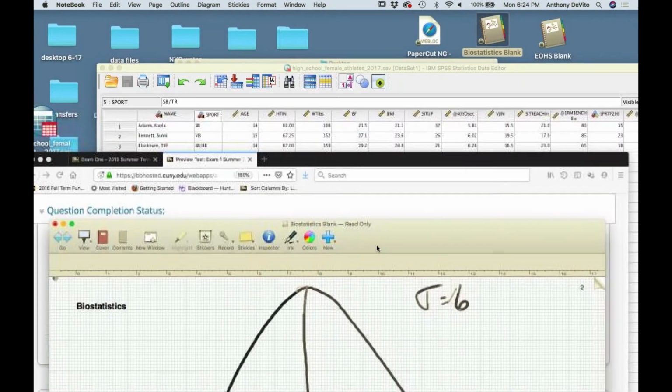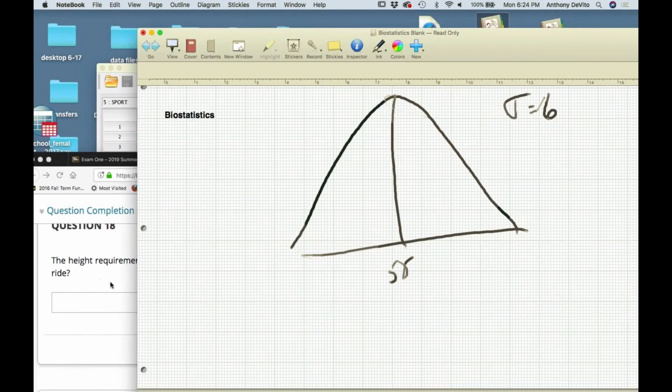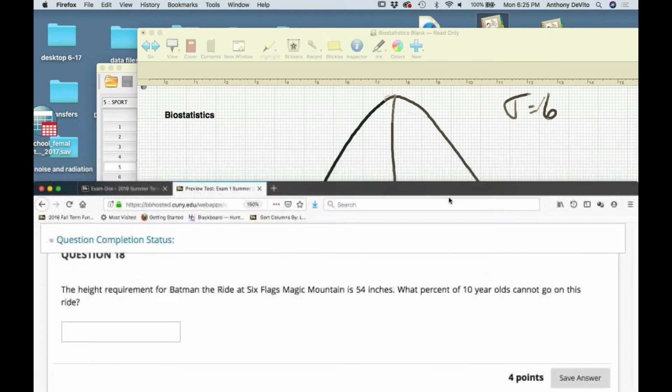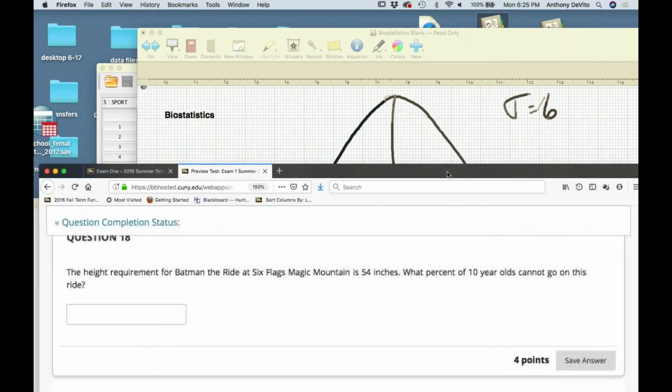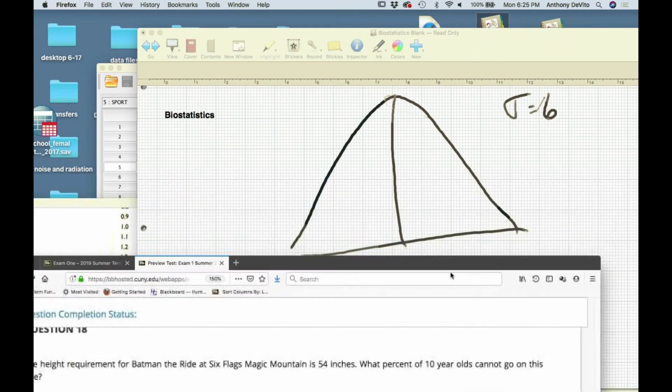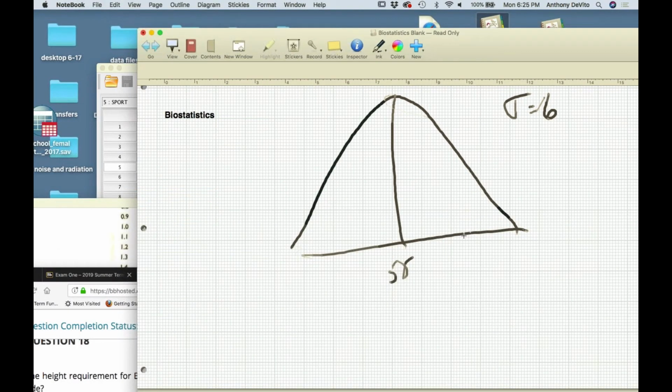We are asked, the height requirement at Six Flags Magic Mountain is 54. What percentage of 10-year-olds can't go on this ride? Actually, it's not that complicated, right? 54 inches.